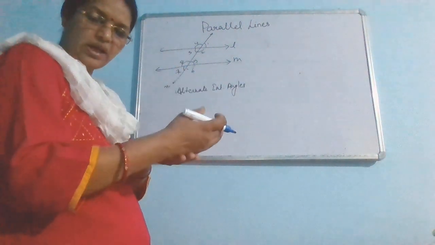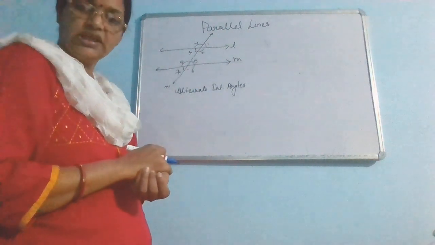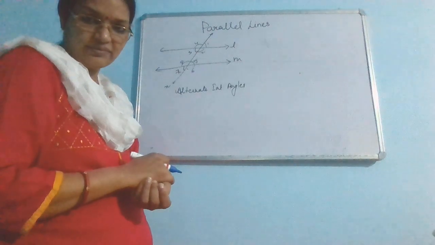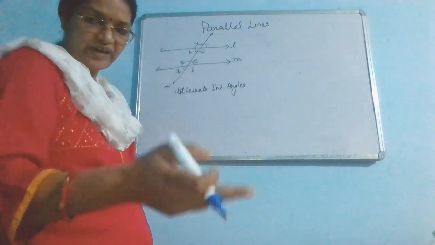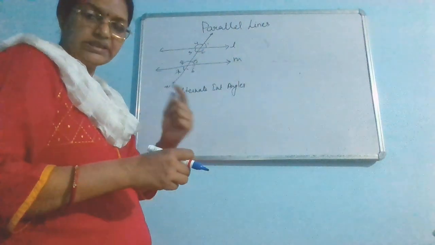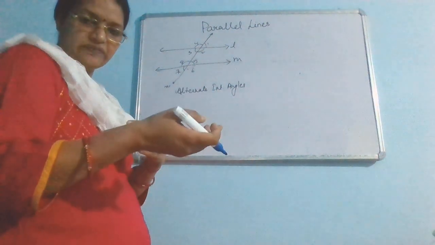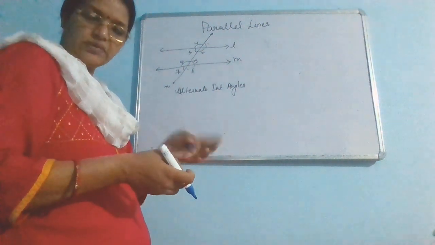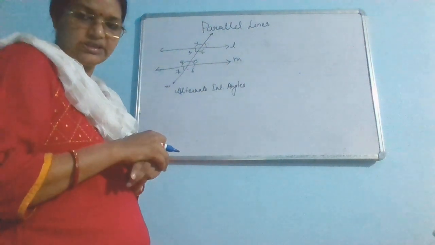When I say you have to come on alternate days, it means Monday, Wednesday, Friday, or Tuesday, Thursday, Saturday. Alternate weeks: one week you come, another week you don't, then another week you come. So leaving one place in between is known as alternate.